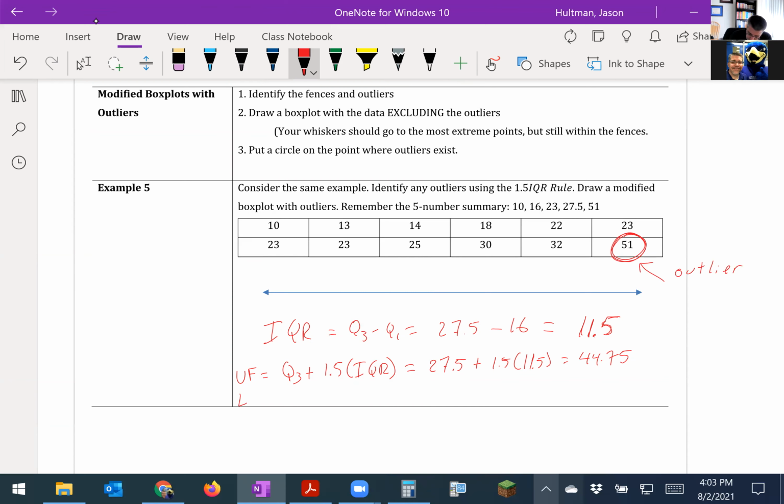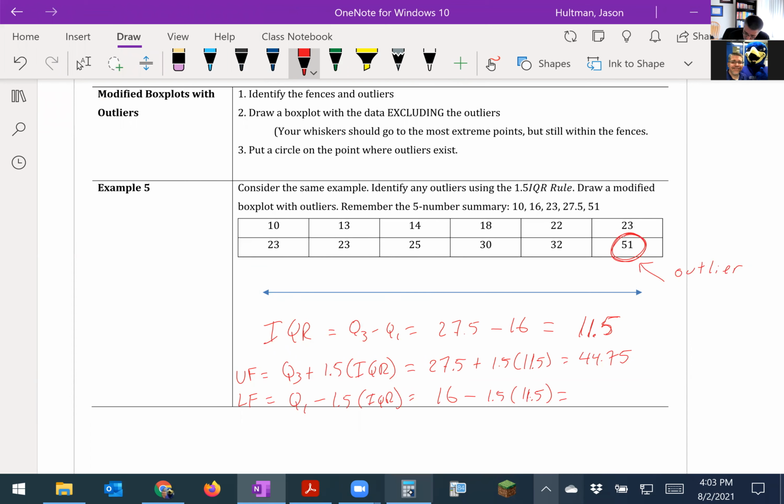What about my lower fence? That's Q1 minus 1.5 times my IQR. Q1 is 16, minus 1.5 times 11.5, since my IQR was 11.5.